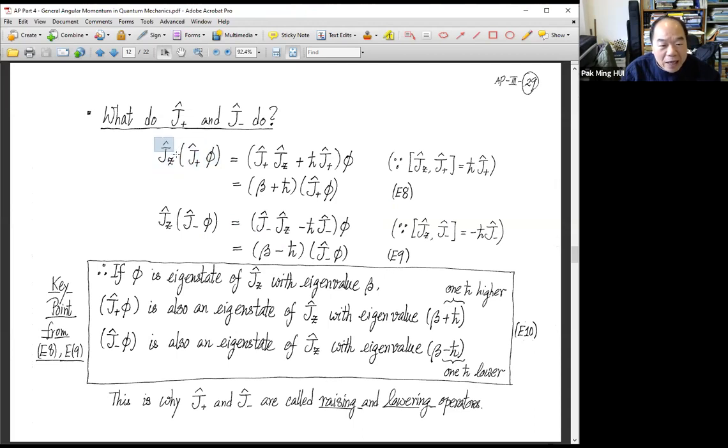Okay, so do you understand why we write down the left-hand side? Now let me repeat. This is the simultaneous eigenstate we assume. We operate J plus on it, which will give us a new function. We want to test whether this new function is again an eigenstate of Jz. Therefore, we want to play with Jz on this new function and see whether it comes out as a number times this new function. All right.